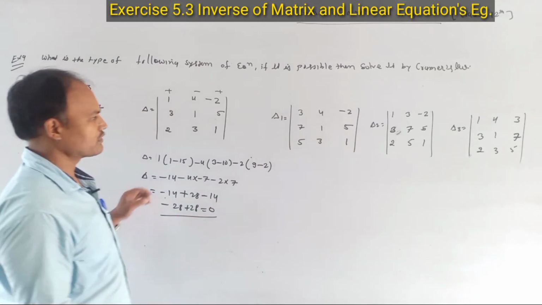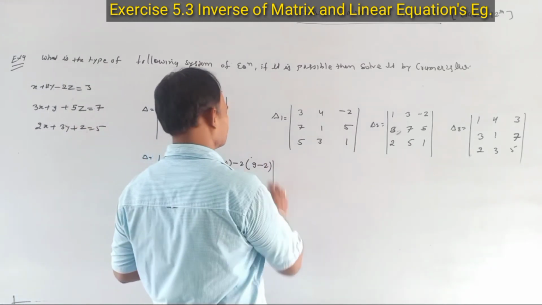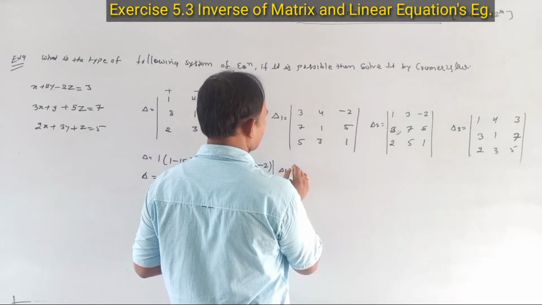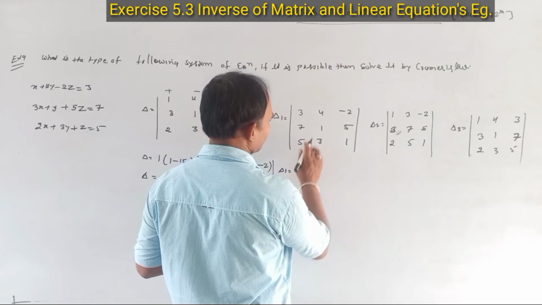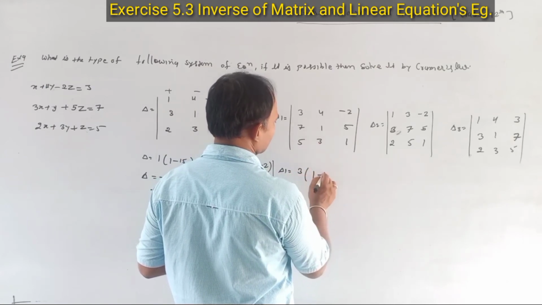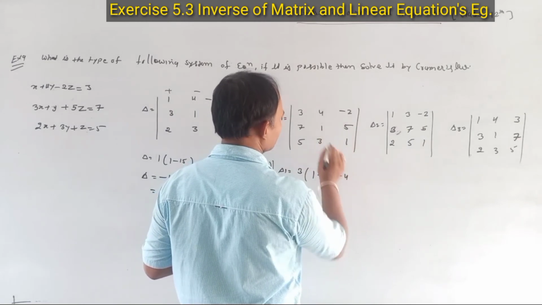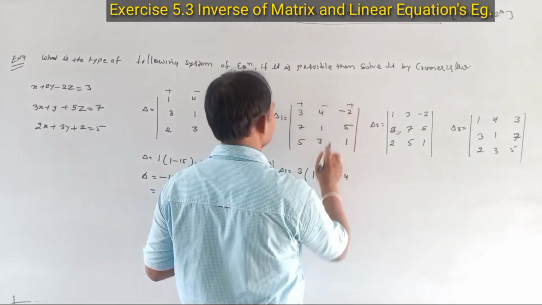Okay, it is clear. Now delta 1. Delta 1 means it is 3, and 1 minus 15, minus 4, with signs plus, minus, plus.